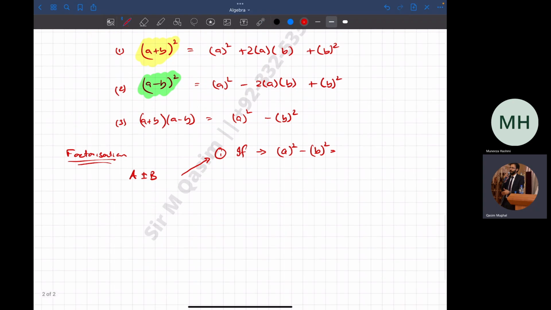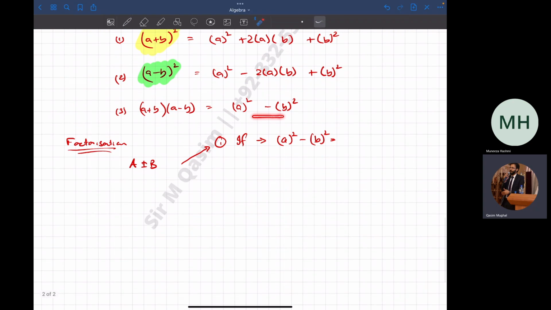Then you can obtain the factors by applying the third identity in the opposite direction. So the factors will be a plus b times a minus b. If you cannot write them as a difference of squares, then you will take common.